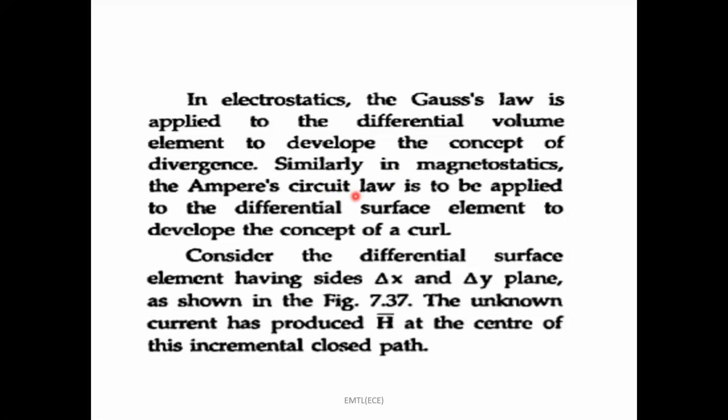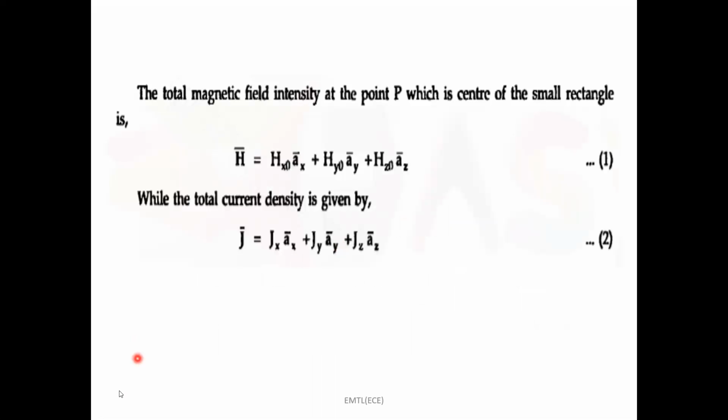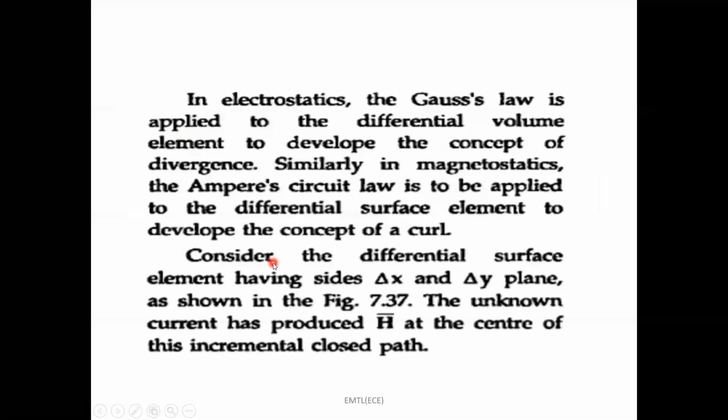In a similar manner, in this magnetostatics chapter, with the help of Ampere's circuit law applied to the differential surface element, a concept that is curl is developed. So that's why in the last two Maxwell equations, that is del dot D is equal to rho and del dot B is equal to 0, like that. So del means divergent. So del dot means divergent.